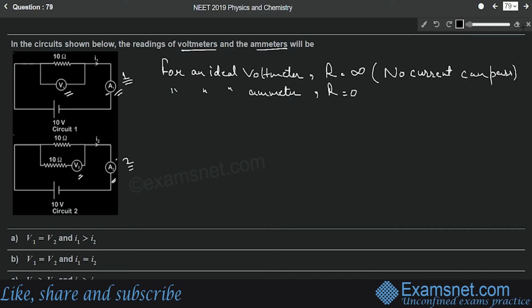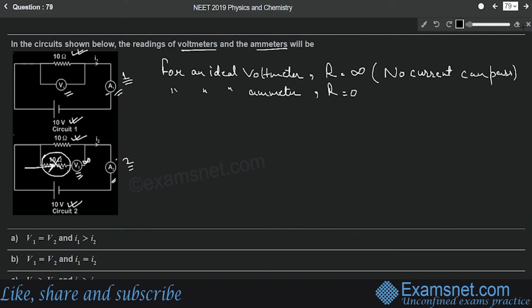The difference is the presence of this additional 10 ohm resistance. This 10 ohm resistance is actually useless because V2 has infinite resistance, so no current will pass through this complete segment. That means this 10 ohm resistance has no role to play here. So both circuits become the same, because both have the same 10 ohm resistance and 10 volt potential.